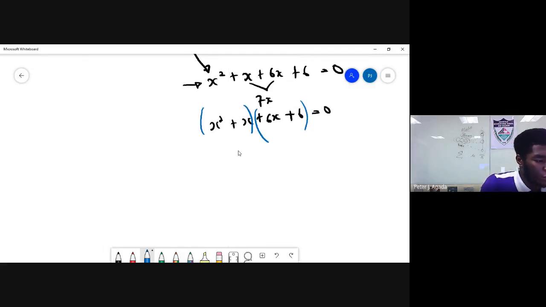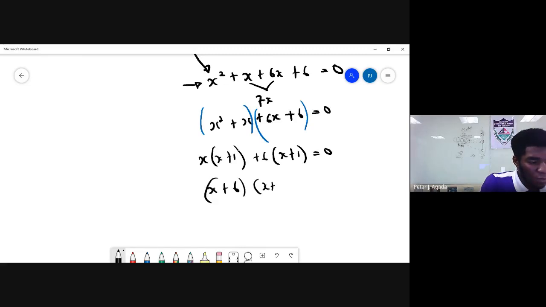I can have a factor of x, then x plus 1, and a factor of plus 6, and x plus 1 equals 0. By factoring out, we have x plus 6 and x plus 1, my two factors, equal to 0. That means x plus 6 is equal to 0. At the same time, x plus 1 is also equal to 0.